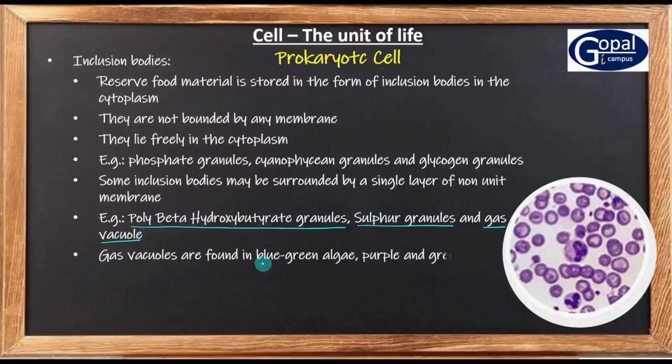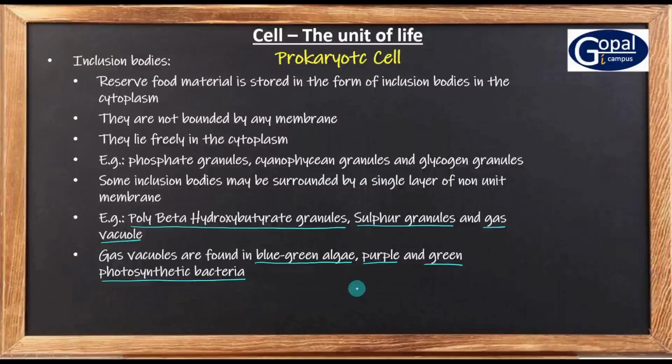Gas vacuoles are seen only in a few prokaryotes like blue-green algae, purple and green photosynthetic bacteria. That means purple sulfur bacteria, green sulfur bacteria. So these are the photosynthetic bacteria. In these photosynthetic bacteria only you can see the gas vacuoles, right?